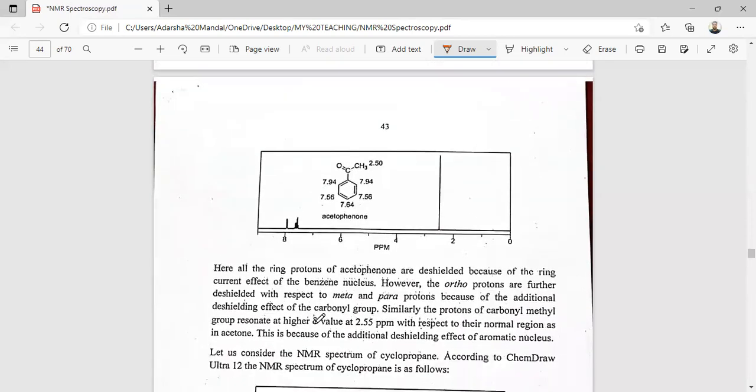So here all the ring protons of acetophenone are deshielded because of the ring current effect of the benzene ring. However, the ortho protons are further deshielded with respect to the meta protons because of the additional deshielding of the carbonyl group. Similarly, protons of the carbonyl methyl group appear at higher delta values than the normal region, as in acetone. This is because of the additional deshielding by the aromatic nucleus.